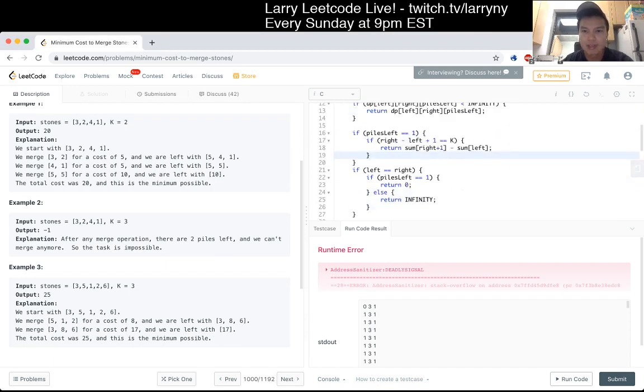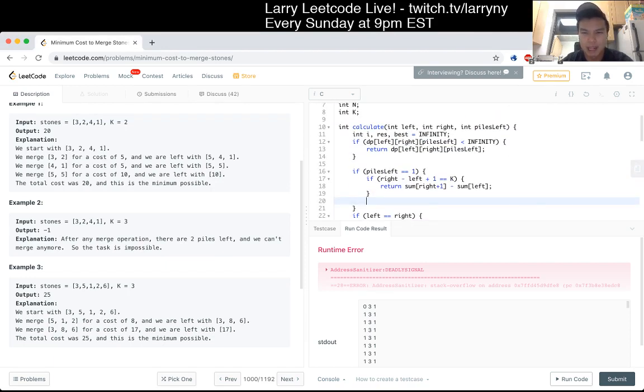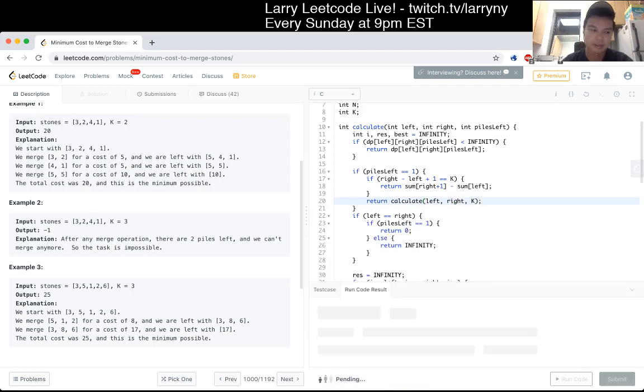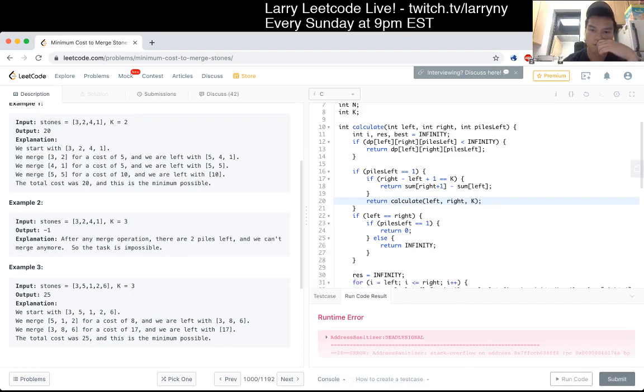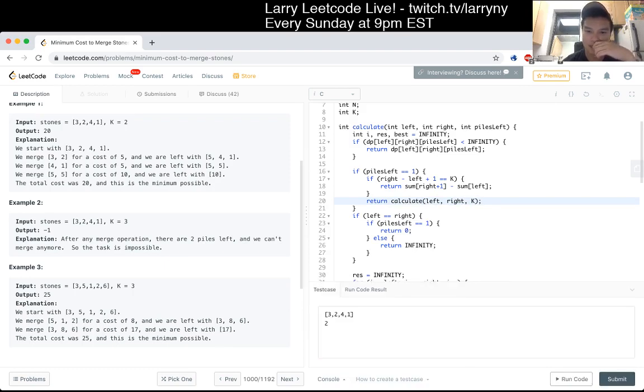Well, if it's one pile, it's either this or you want there to be k piles. Right? Maybe that'll get us out of the loop. Well, let's hope.